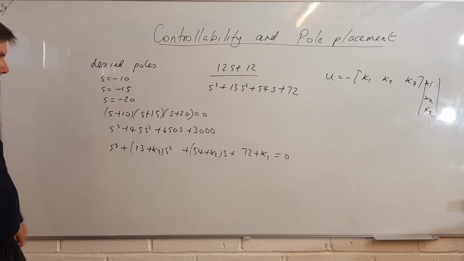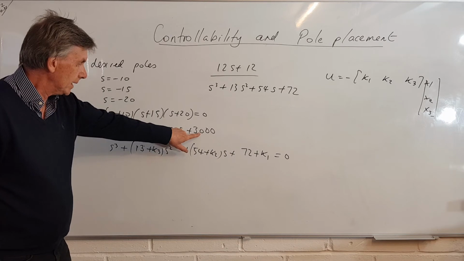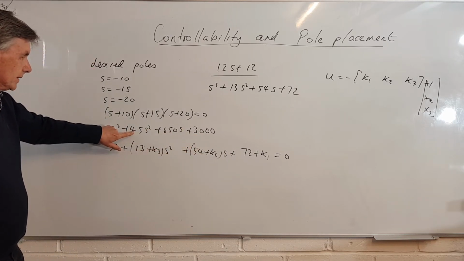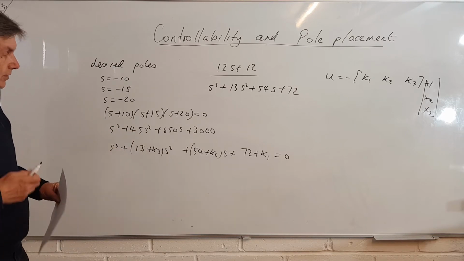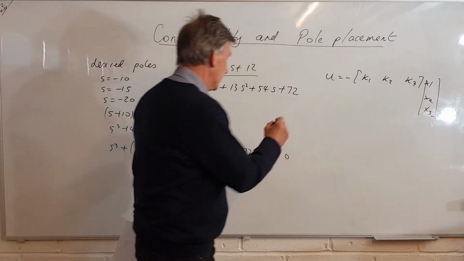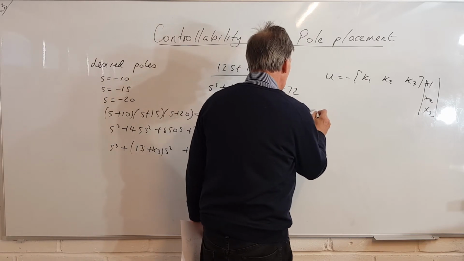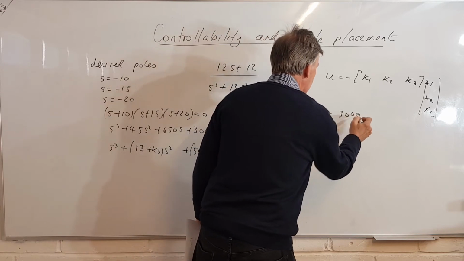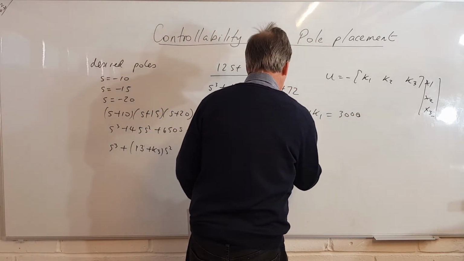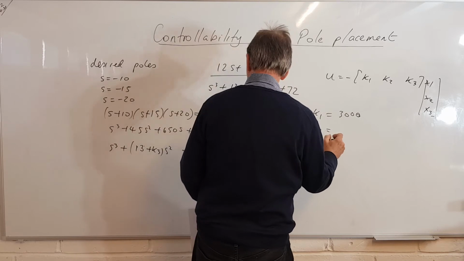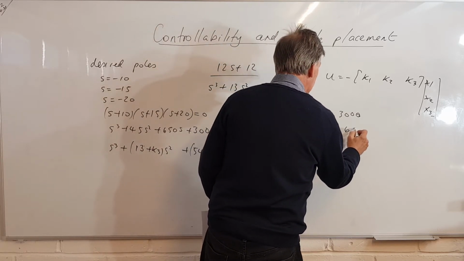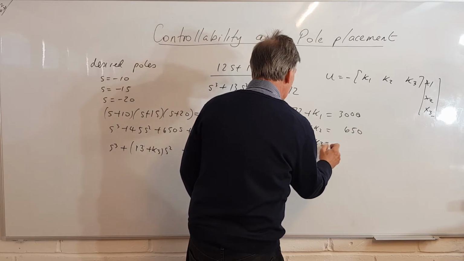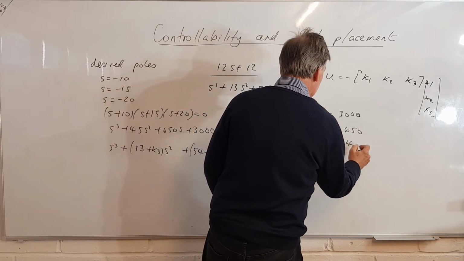So what we know now is that this term here is the same as that one, this term here is the same as that one, and that term there is the same as that one, which gives us 3 little equations for K1, K2 and K3. So we get 72 plus K1 equals 3000. We get 54 plus K2 is 650. And we get 13 plus K3 is 45.